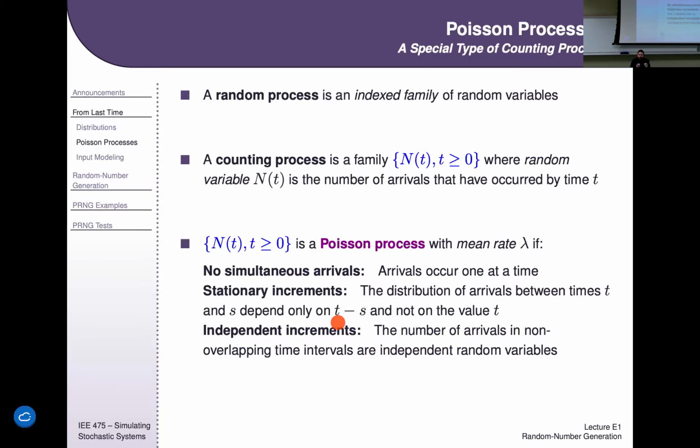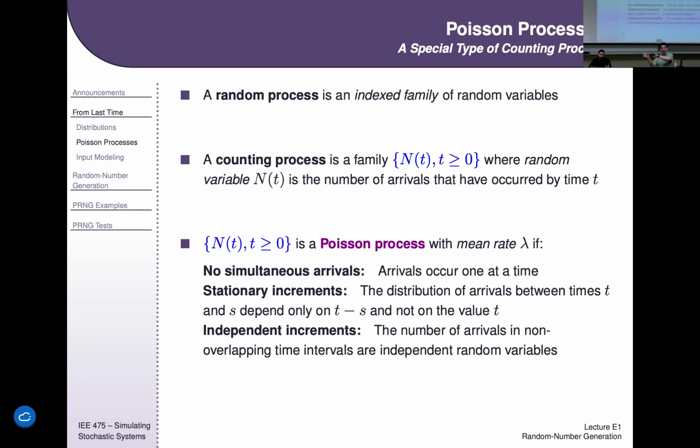And independent increments. What this means is that if I have non-overlapping time intervals, so I want to say how many arrived between time 1 and time 6, and how many arrived between time 11 and time 24, the knowledge of how many arrived in one increment does not reduce my uncertainty about another increment.